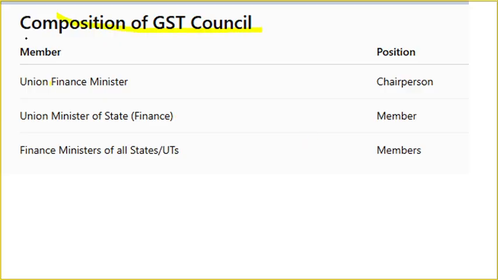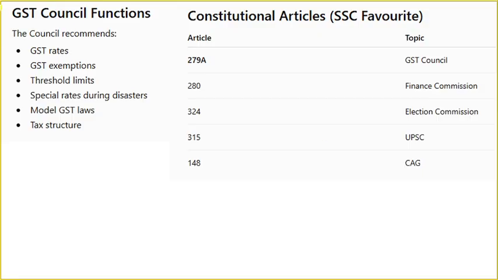Composition of GST Council: Union Finance Minister, chairperson; Union Minister of State for Finance, member; Finance Ministers of all states, members. GST Council functions: the Council recommends GST rates, GST exemptions, threshold limits, special rates during disasters, model GST laws, tax structure.